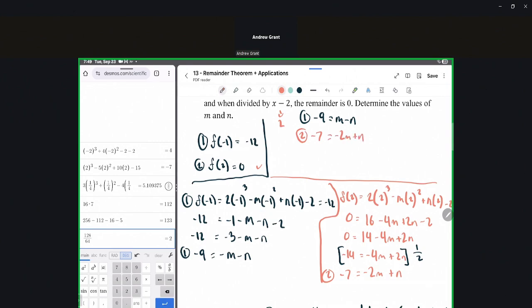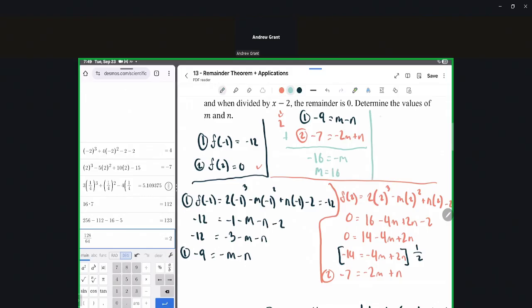So in this case, if I add these equations together, I will eliminate those n's. So negative 9 minus 7 is going to give us negative 16. Negative m plus negative 2m is going to give us negative 3m. So that means m is going to be equal to 16.